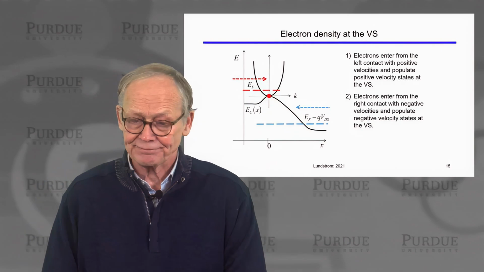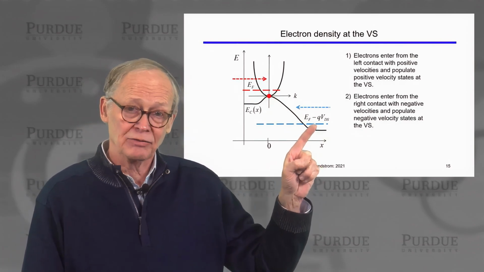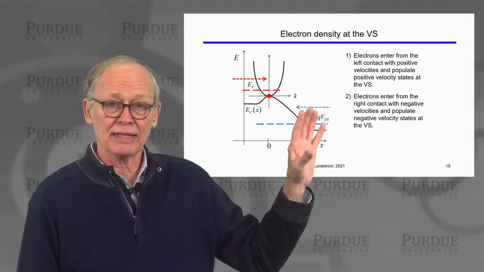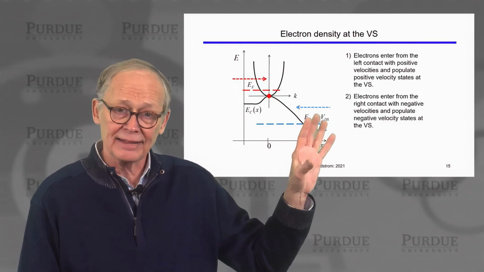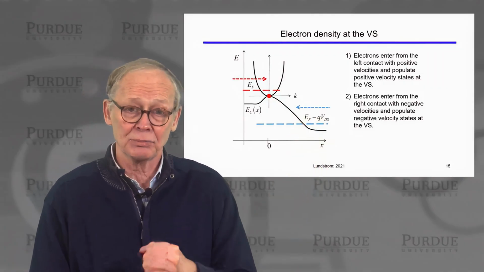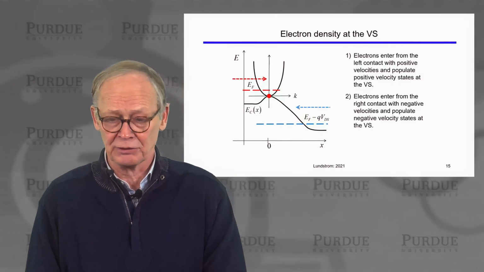Now, electrons can also enter the channel from the drain. They have a lower probability of occupying the negative velocity states because the Fermi level is much lower, because the positive drain voltage lowers the Fermi level in the drain.